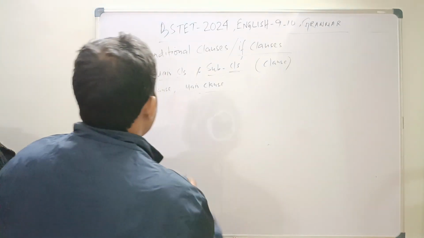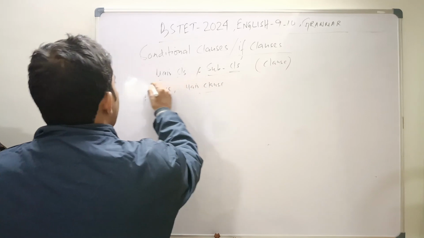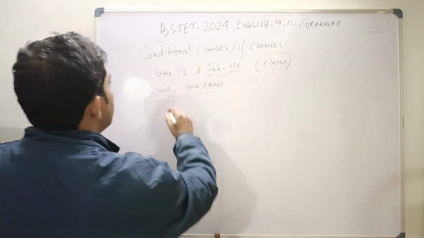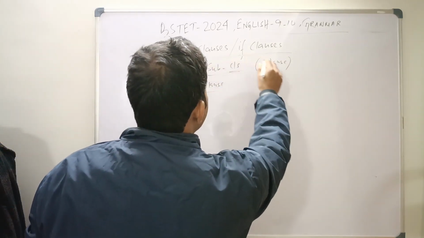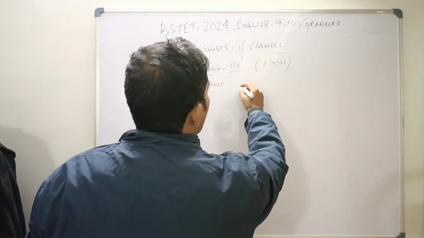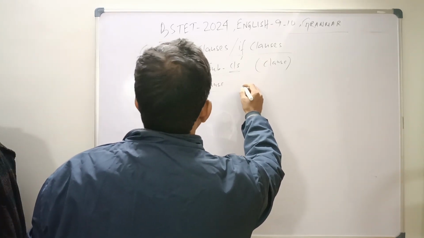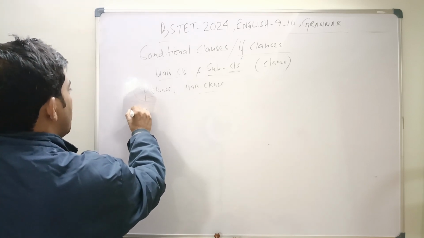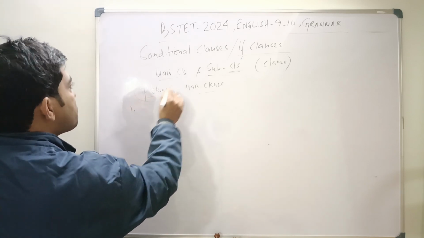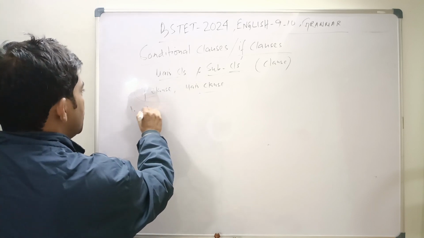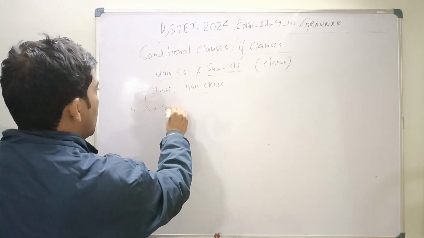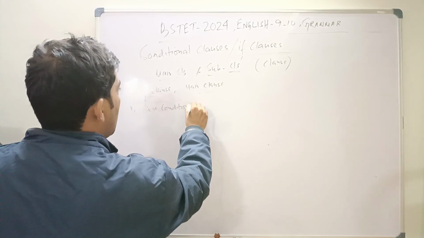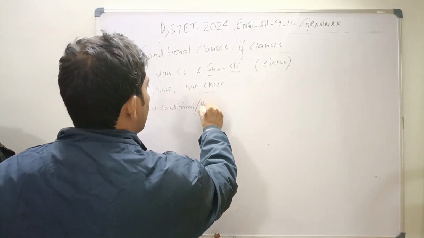Here we can categorize the entire if clause into 4 sections or 4 parts. Number 1, zero conditional or present conditional.